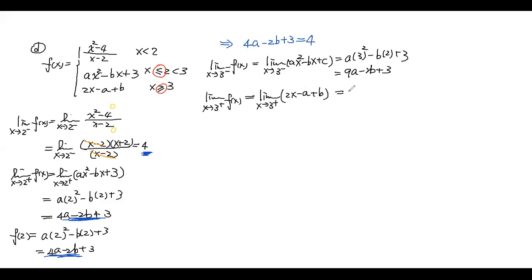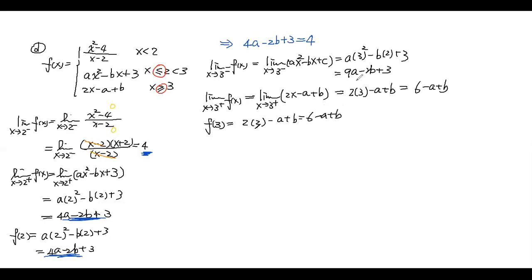So the 2x will be 2 times 3 minus a plus b, so it equals 6 minus a plus b, correct? The same way, for the function value f of 3, with the equal sign here, I will use the third equation. So this will be 6 minus a plus b.